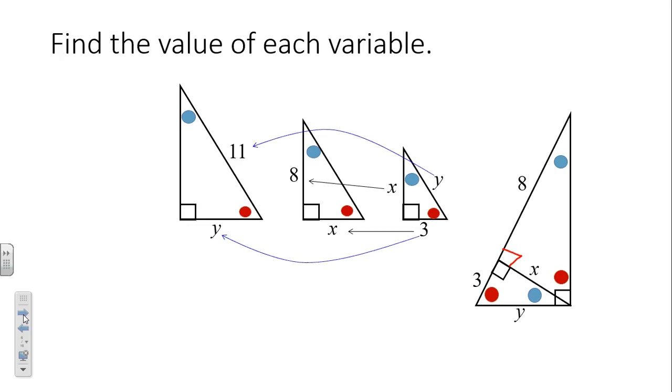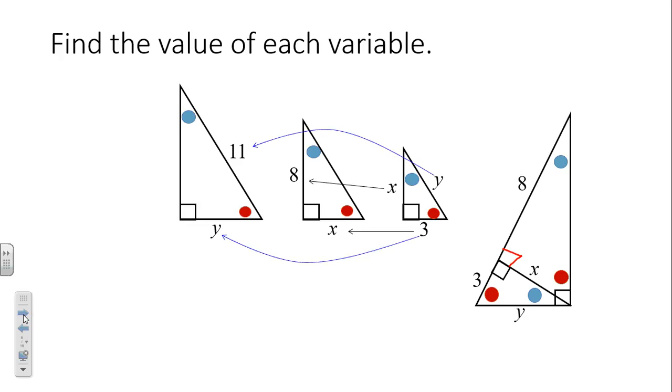On the small triangle to the large triangle, the hypotenuse, y, goes with the 11, which is the hypotenuse of the large, and small to large, the smaller leg of the small triangle goes with the smaller leg of the large triangle. So far, so good?